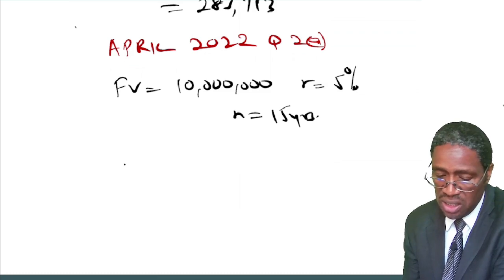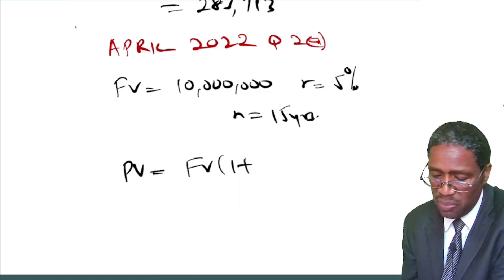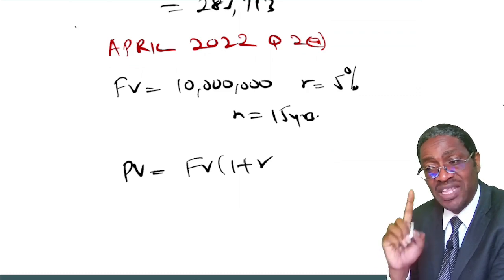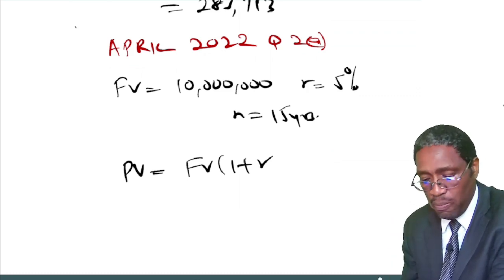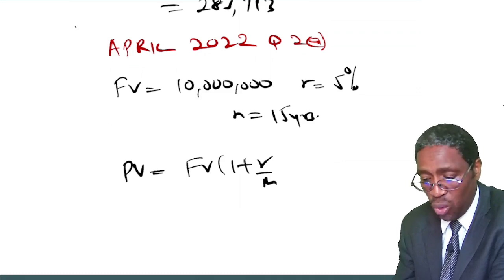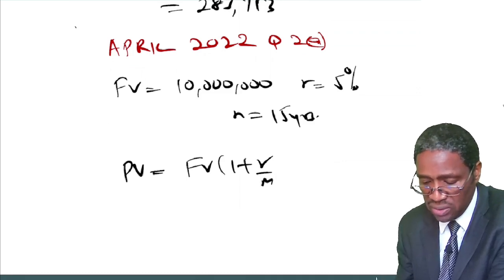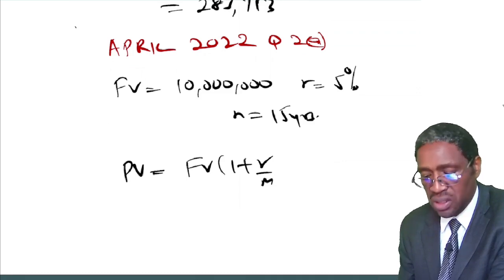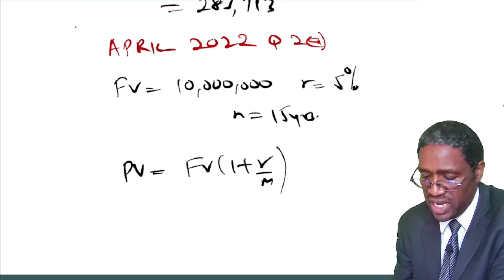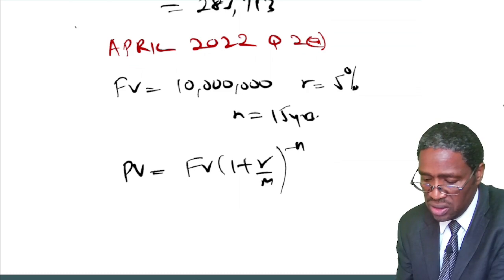So our present value will be future value into 1 plus R. Listen, now I divide R by the frequency of compounding, which is M. Then I power that by negative N times M.